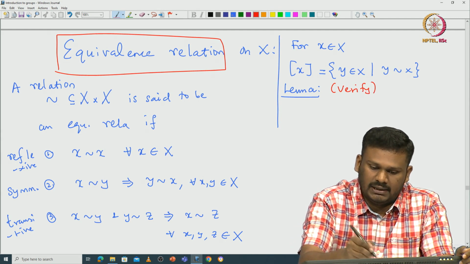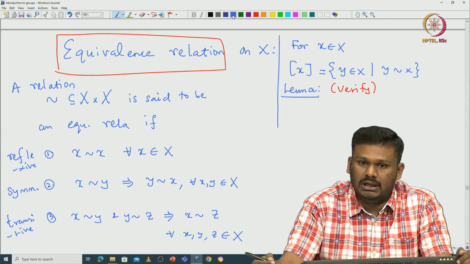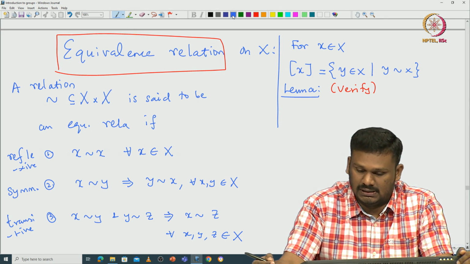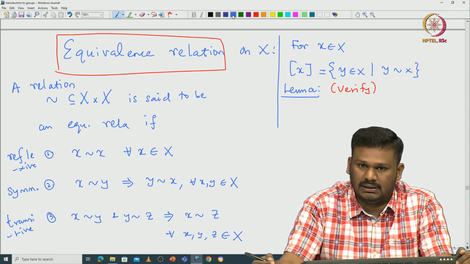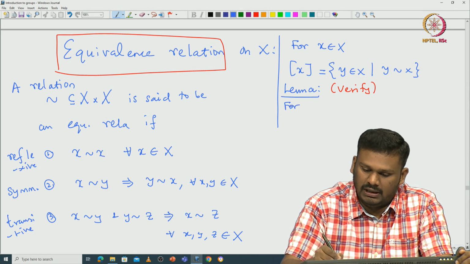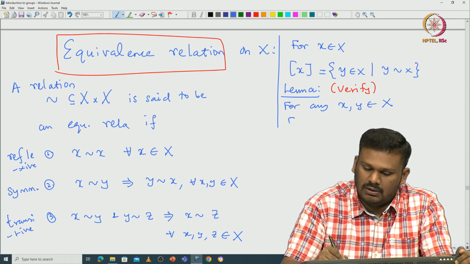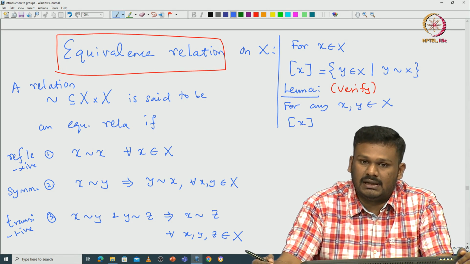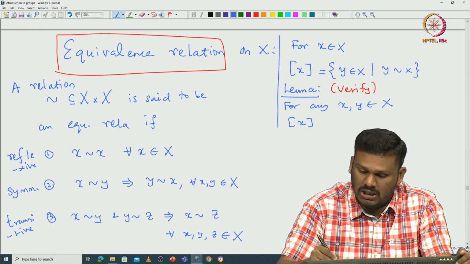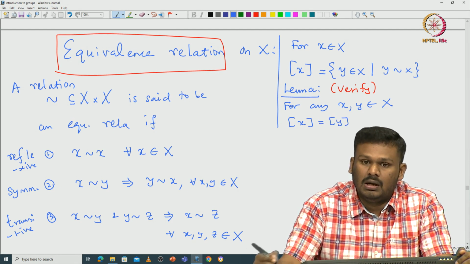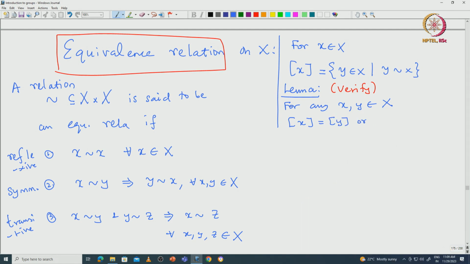If you take any two equivalence classes, class x and class y, for any x, y in capital X, then either the equivalence class of x and the equivalence class of y are equal, or otherwise they are disjoint. The intersection of the two classes must be empty.